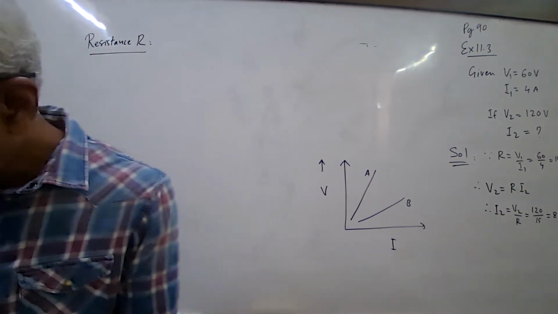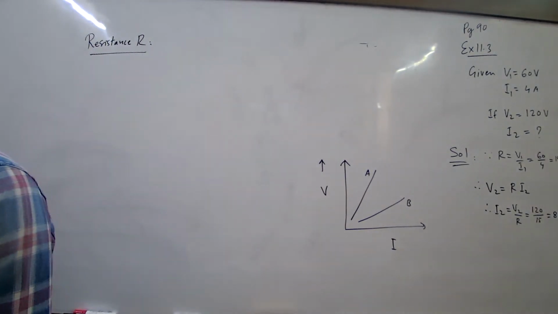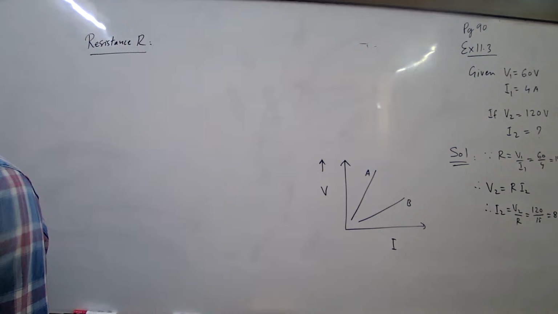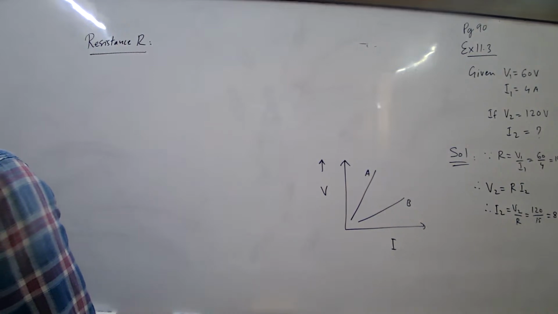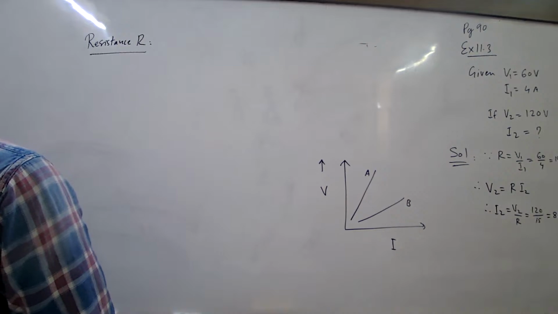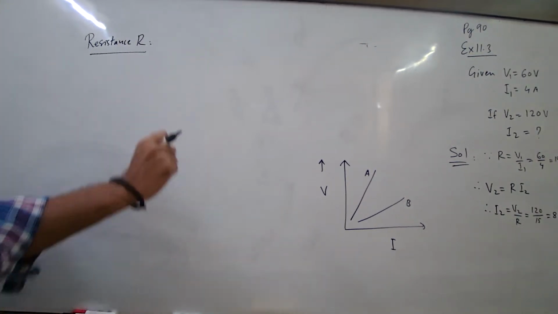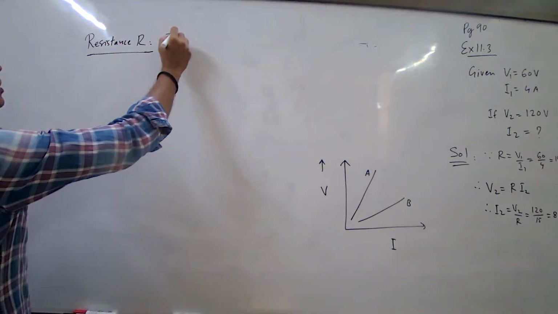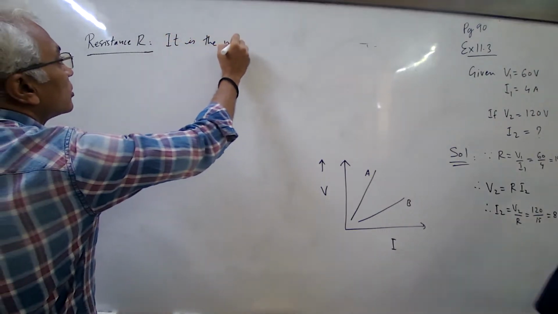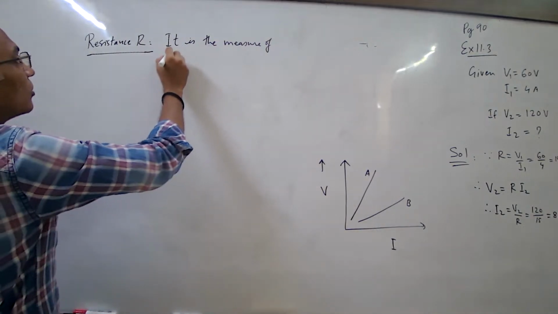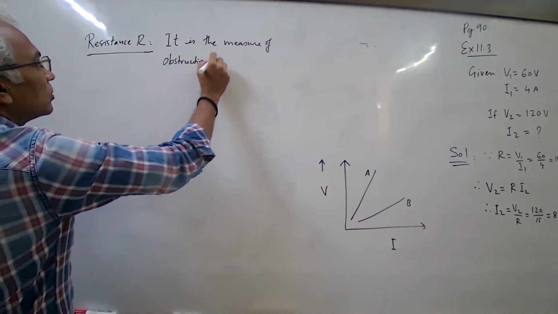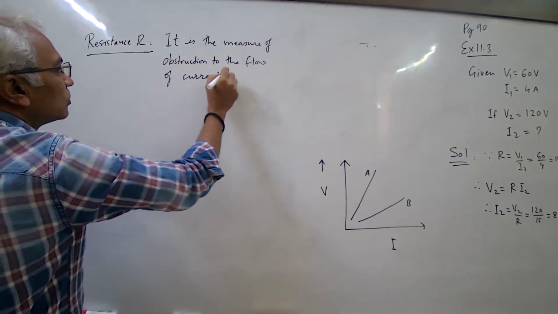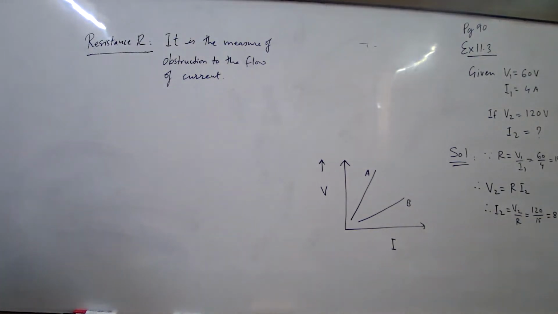This is the next topic here. Resistance is the measure of obstruction to the flow of current.